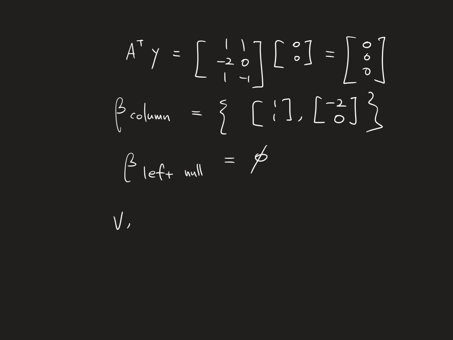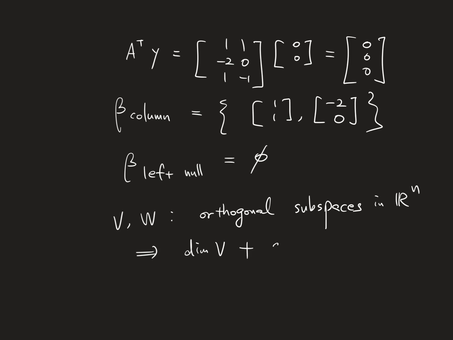And if V and W are orthogonal subspaces in R^n, then the dimension of V plus the dimension of W is less than or equal to n.